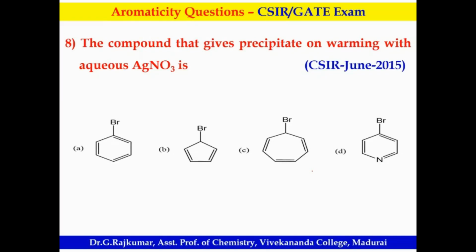C, sir. Like an SN2 type solvolysis reaction. Option C. Why? Sir, should we consider quasi-aromatic? After the removal of Br, it becomes aromatic, sir. Yes. What happens? Br minus leaves, so a carbocation forms. This part is a stable carbocation, aromatic.